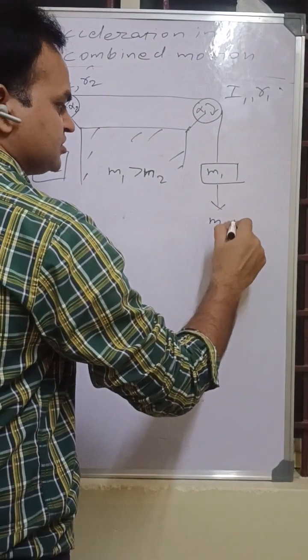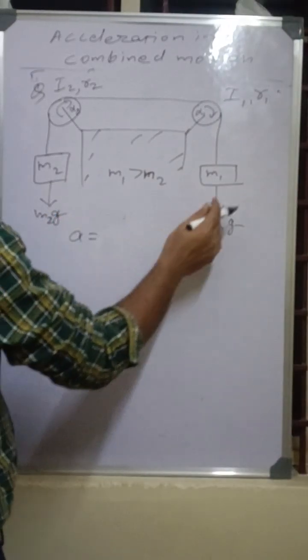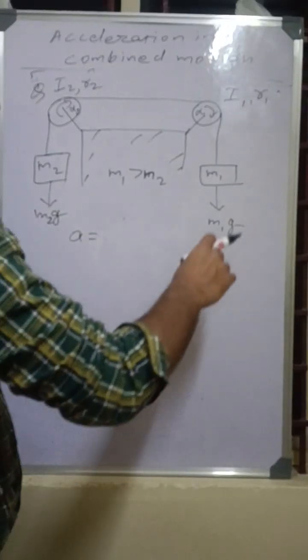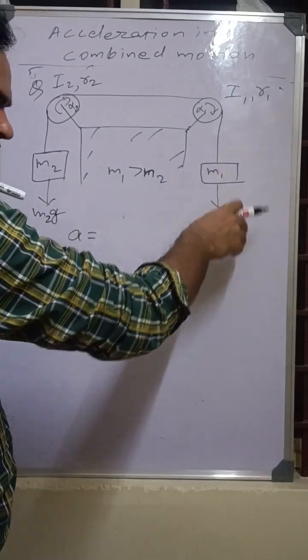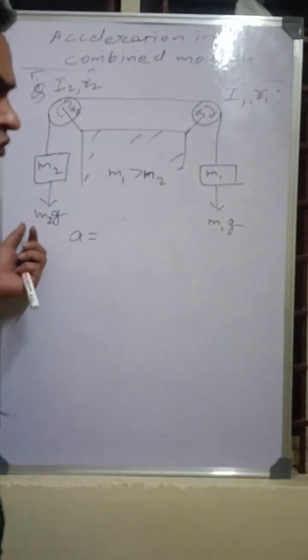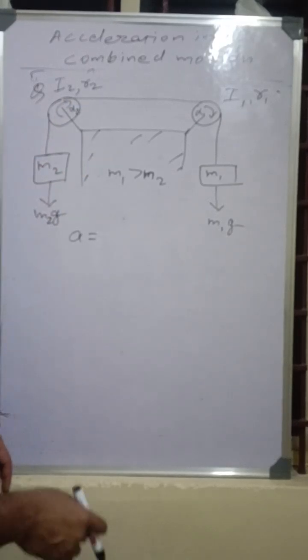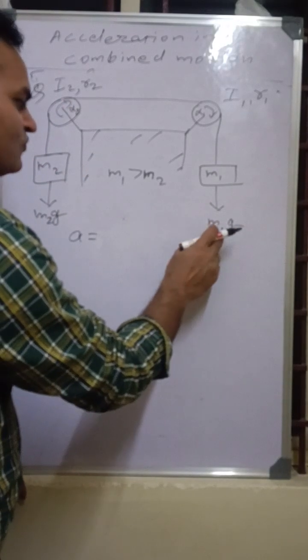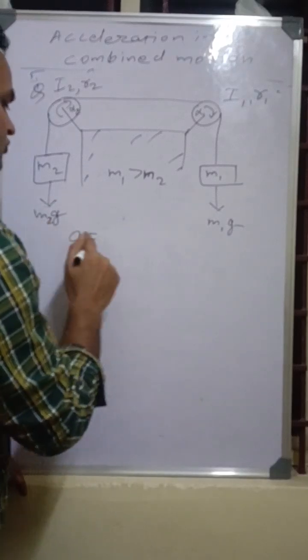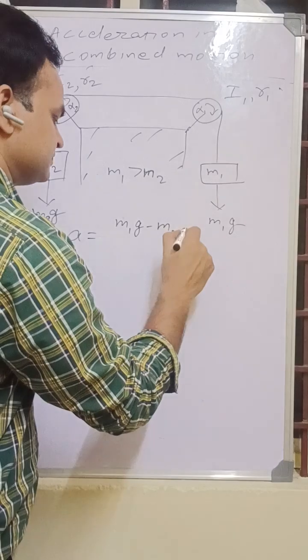Look at M1G and M2G. This M1G will tend to bring down the whole system in this direction, and this M2G will tend to bring down the whole system in this way. So the net unbalanced force, as M1G is greater than M2G, is M1G minus M2G.